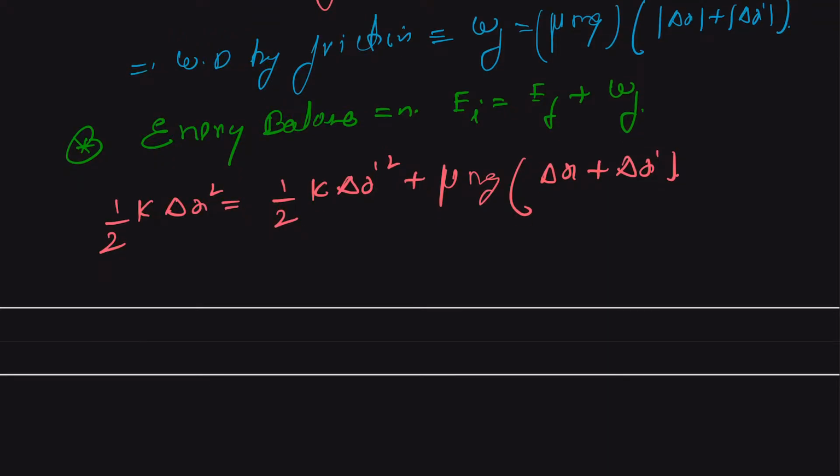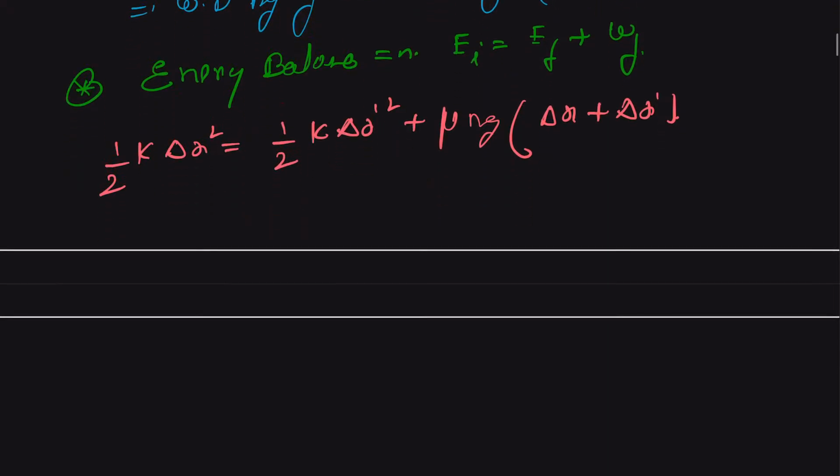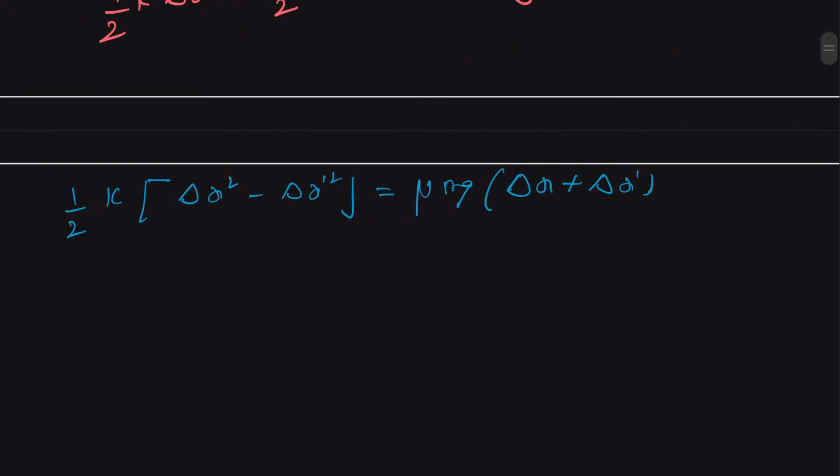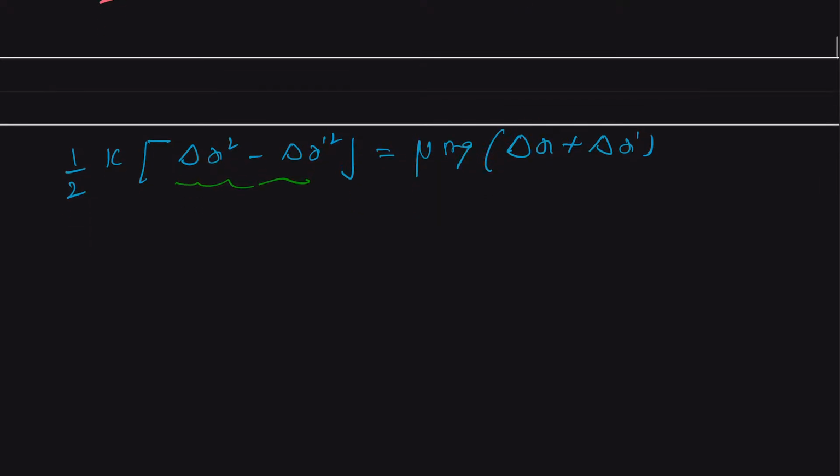And we can rearrange it. For that we can move terms towards the left side. So we get half k and we have delta x square minus delta x prime square equal to mu mg times delta x plus delta x prime, and we can just open this term.